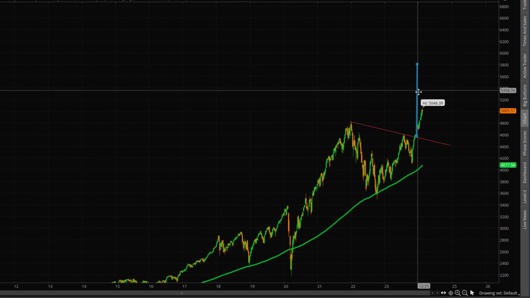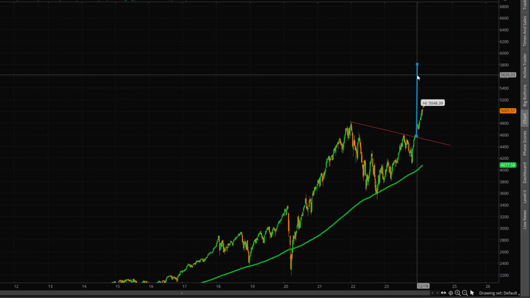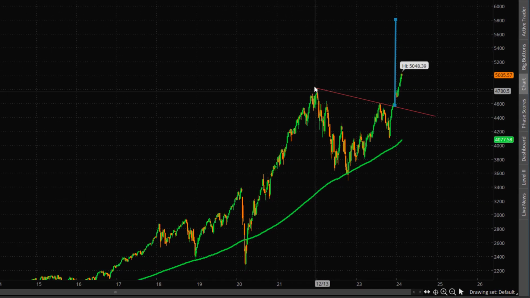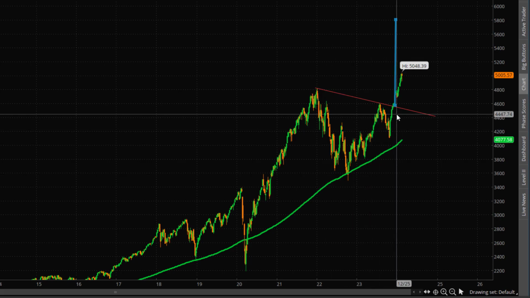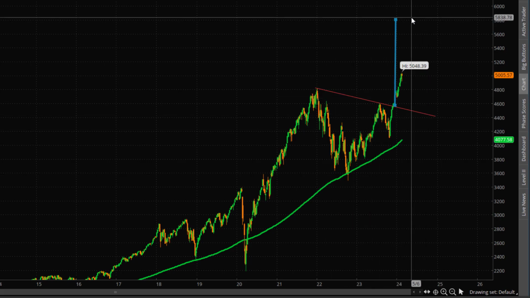Everything is approximate, but what it's showing is that our target for this big cup with handle move is up around 5,800 or so. So that's technique number one: basic chart patterns, using a forward projected price, the measured move of the cup with handle pattern.